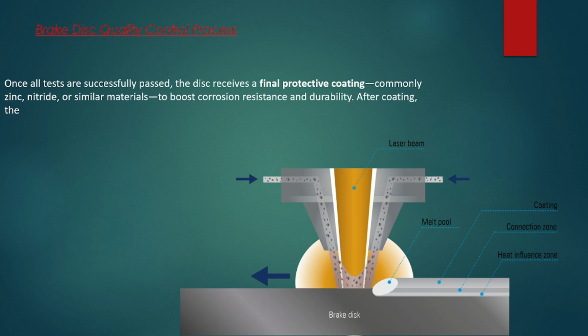In the picture we have, the base is the brake disc, and the machine pours out a laser beam with a melt pool to coat. After it comes the connection zone and heat influence zone. While the laser beam is moving, it is literally melting the pool to coat the brake disc.